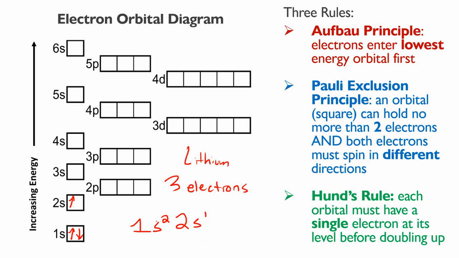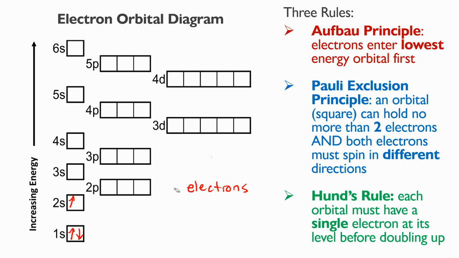That's it. I've written down where all my electrons are. That is the electron configuration for lithium. All right, let's do a bigger atom now.